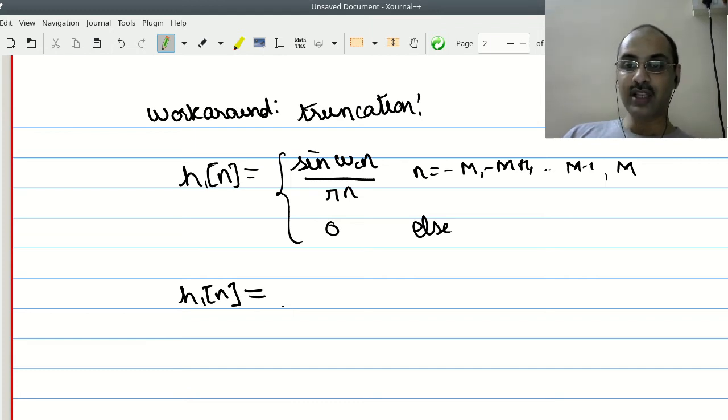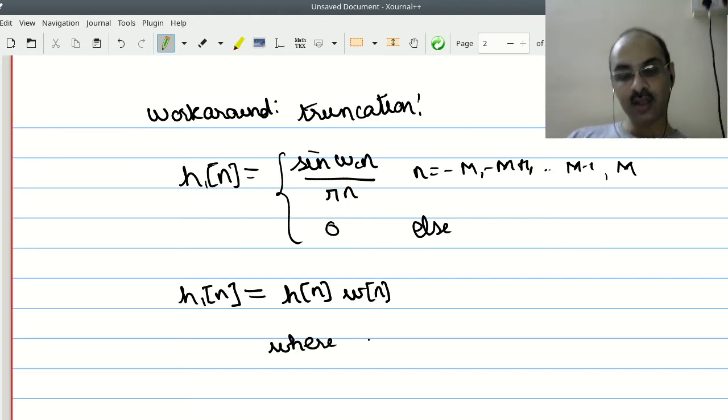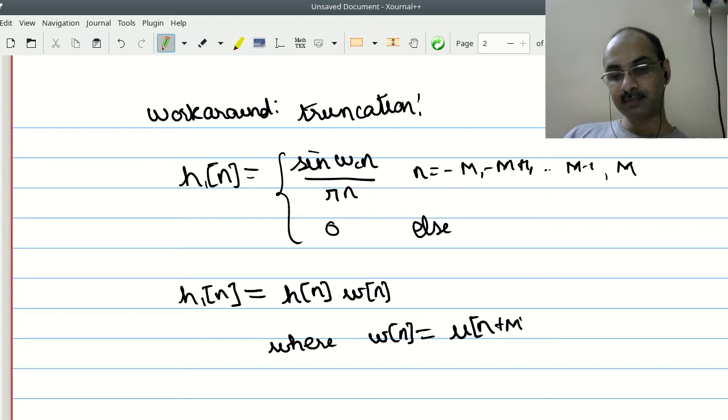One very useful way is to write it as h[n] multiplied by w[n], where w[n] does the job of truncation. That is, w[n] is actually the sequence u[n+M] minus u[n−M−1].